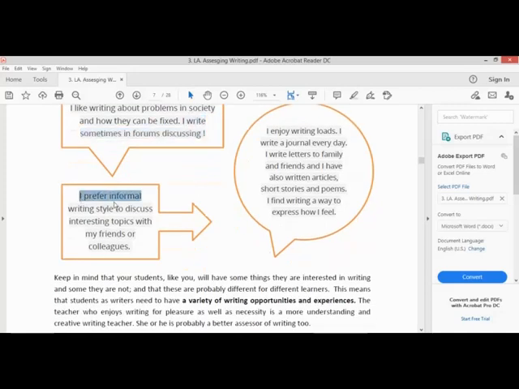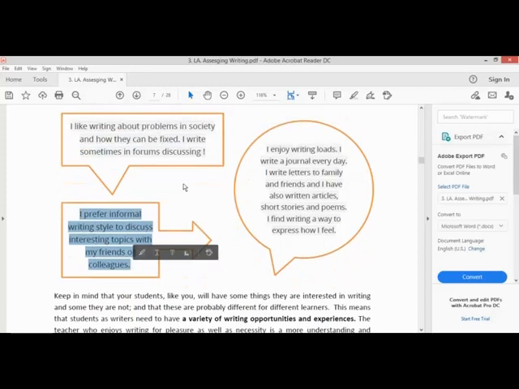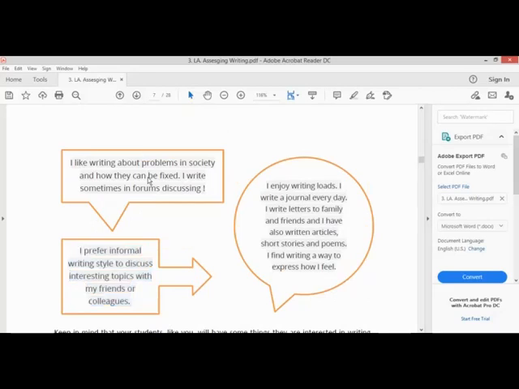I prefer an informal writing style to discuss interesting topics with my friends and colleagues. It is informal, but the writer chooses informal. I enjoy writing loads. I write a journal every day. I write letters to my family and friends, and I have also written articles, short stories, and poems.